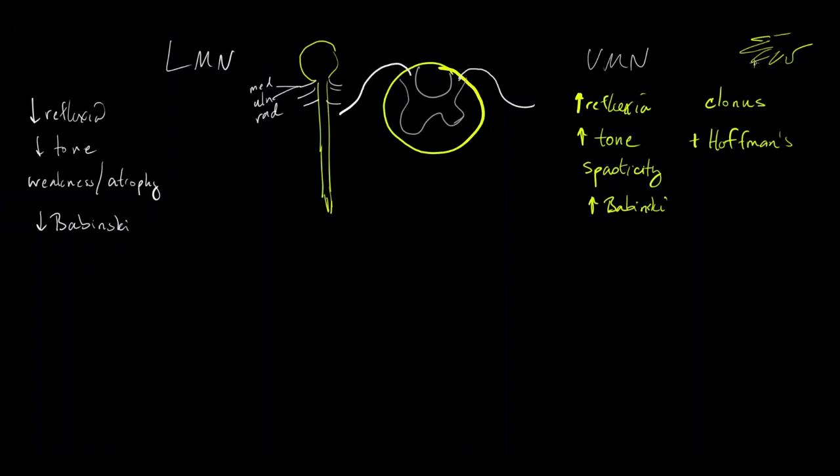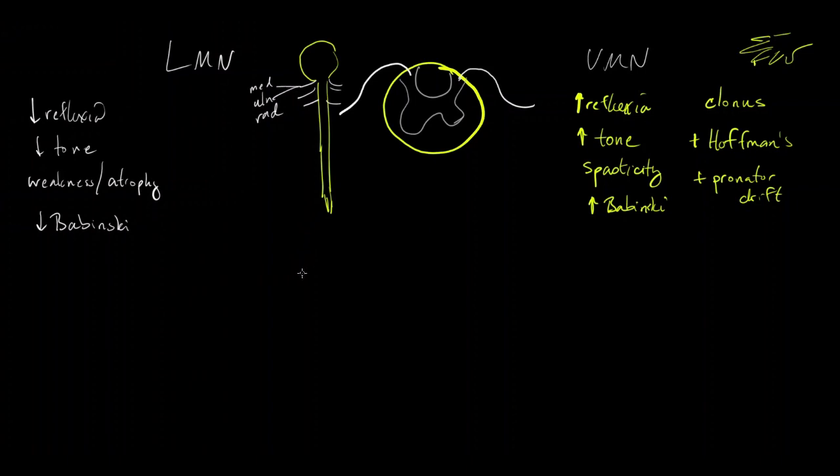If you flick this middle finger, you'll get flexion of the thumb and the index finger. That is called the Hoffman sign. And you will get something called the pronator drift. If you ask the patients to put their arms out in front of them, on the side of the lesion, they will have slow pronation of their upper extremity.